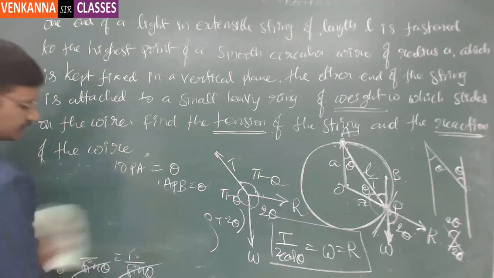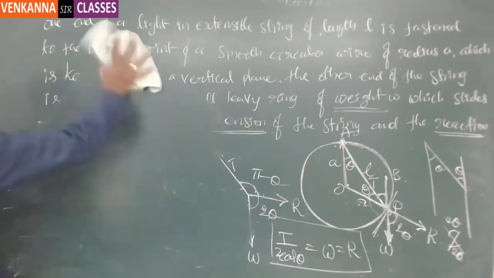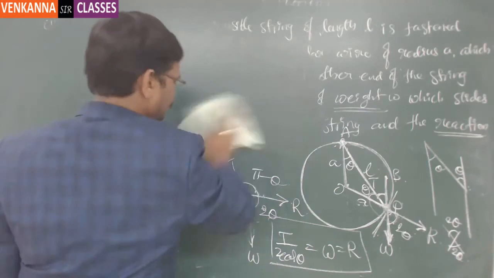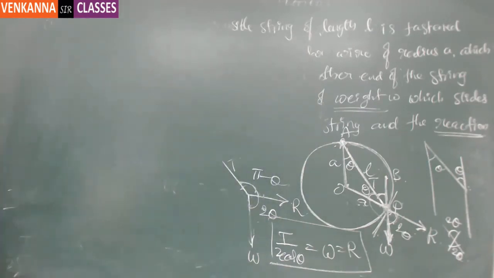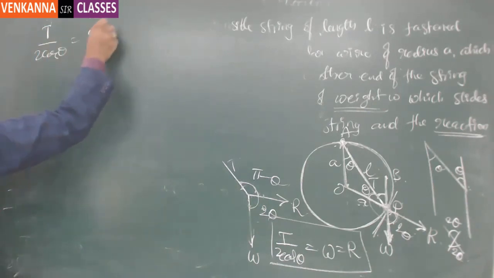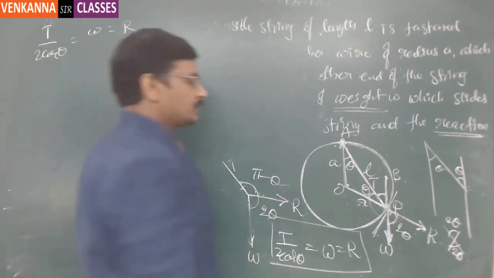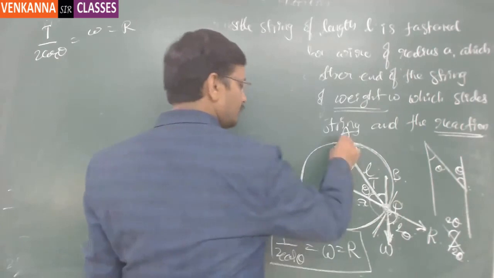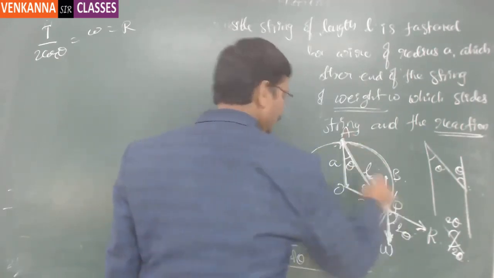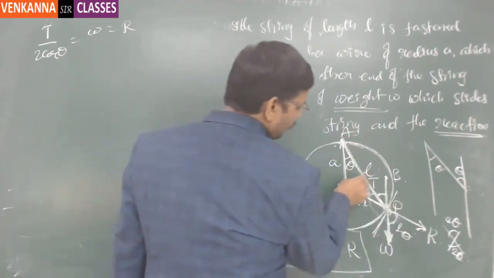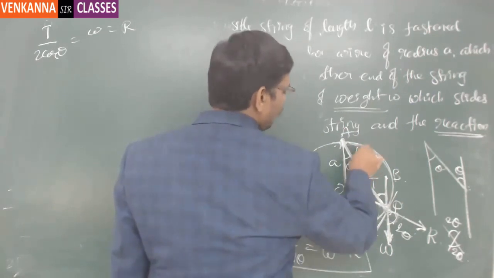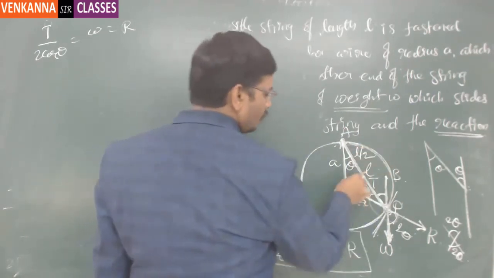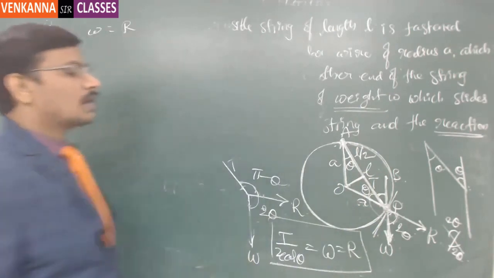So from this relation, T by 2 cos theta is equal to W is equal to R. Now cos theta, theta is unknown. We randomly brought into picture down the line. Now the values that were given were one is the radius and another is this length L. Now if you draw a perpendicular from here, obviously this will be L by 2. And so from this you can find out the cos theta value.